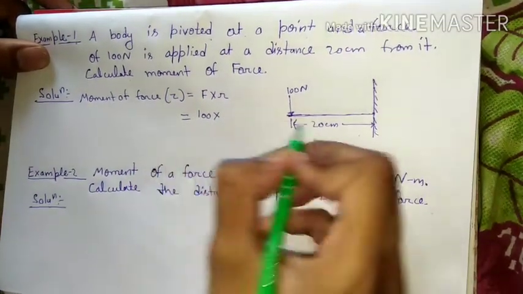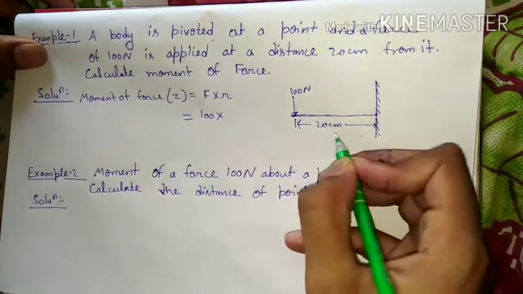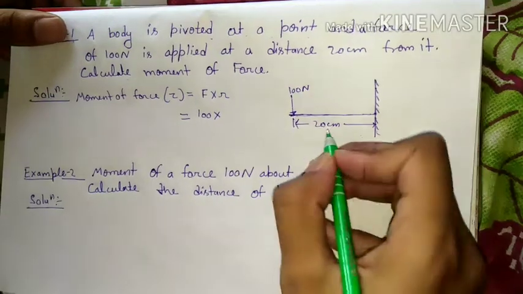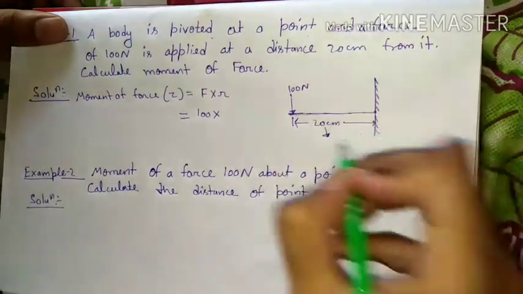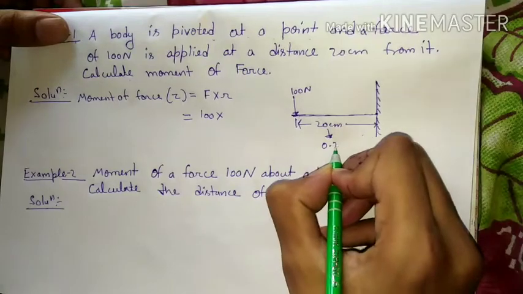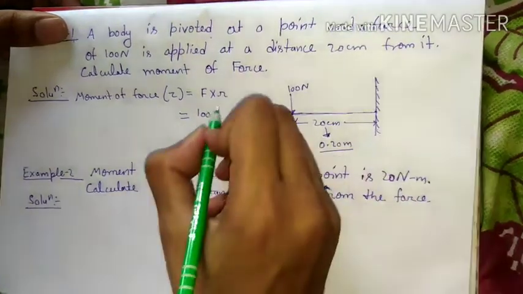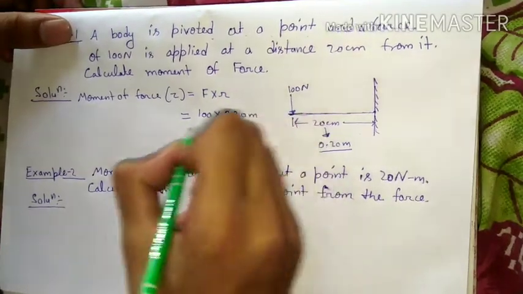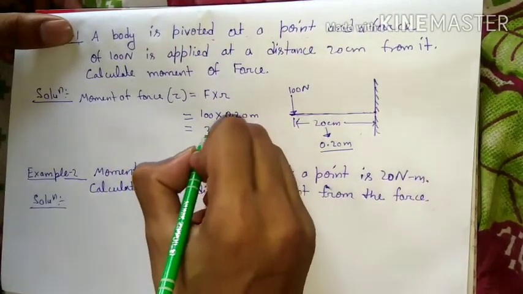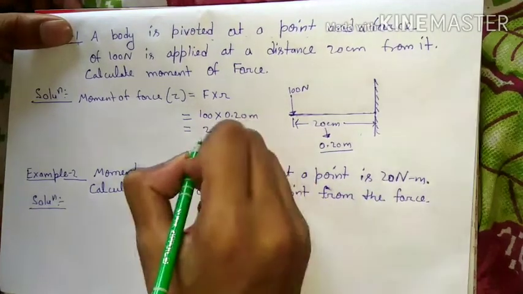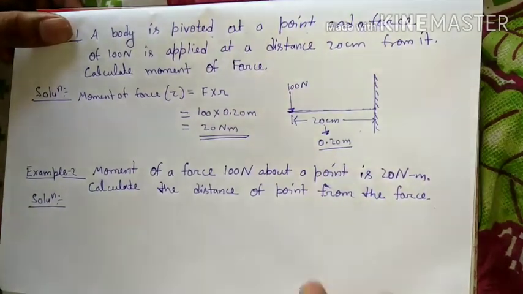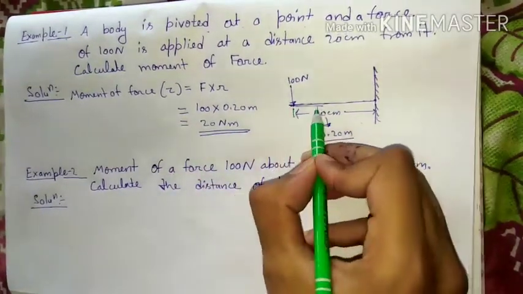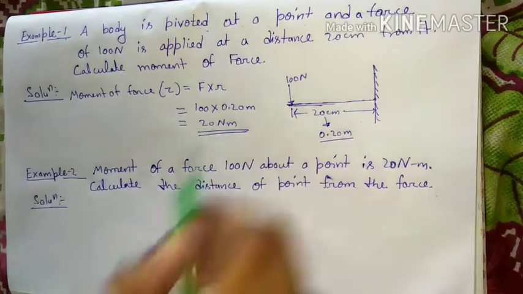So 100 Newton into 20 centimeter. 20 centimeter is a unit of length in CGS unit, so first we have to convert it into MKS unit, that is 0.20 meter. This will equal 20 Newton meter. So the total moment of force in this condition is 20 Newton meter.